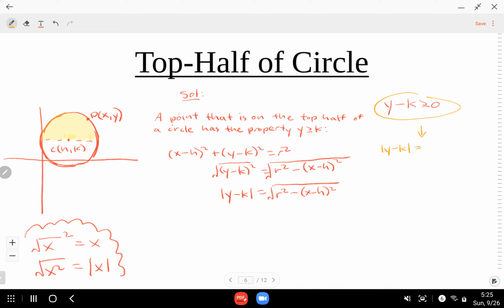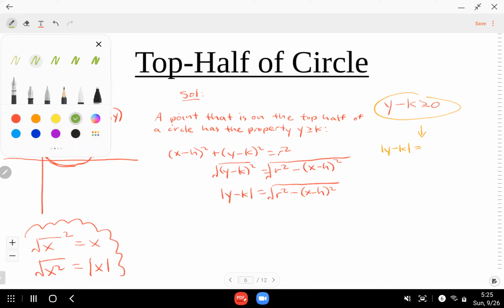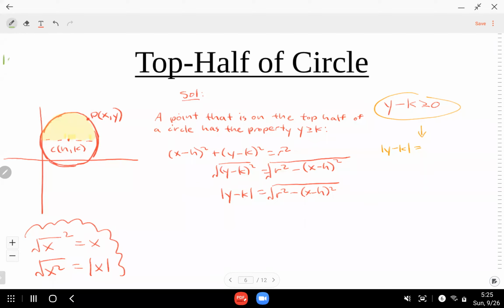So think back about absolute value. Let me write it over here. The absolute value of x equals just x if x is greater than or equal to 0, but it equals negative x if x is less than or equal to 0.